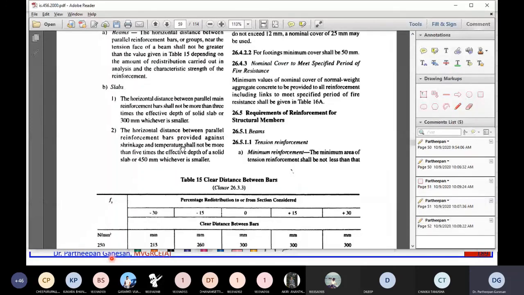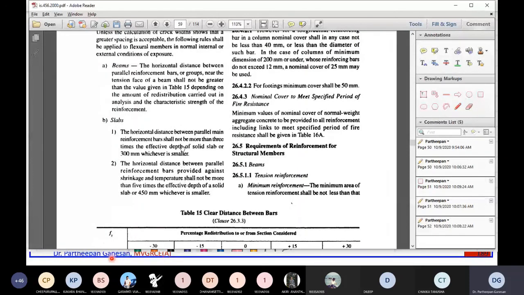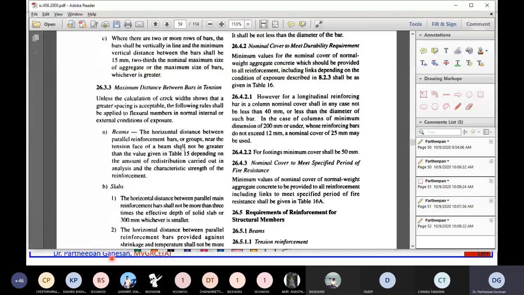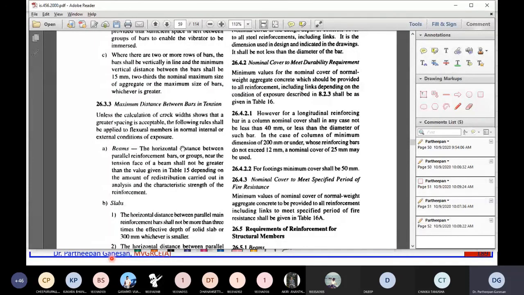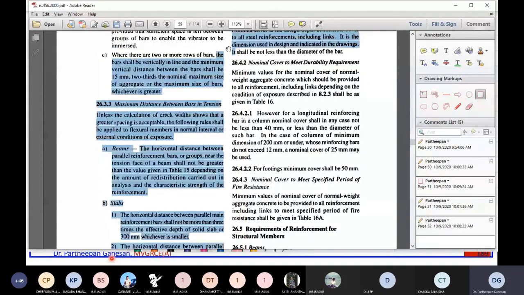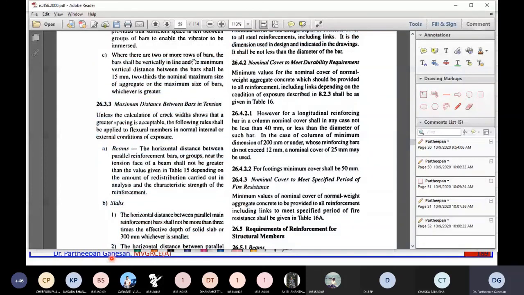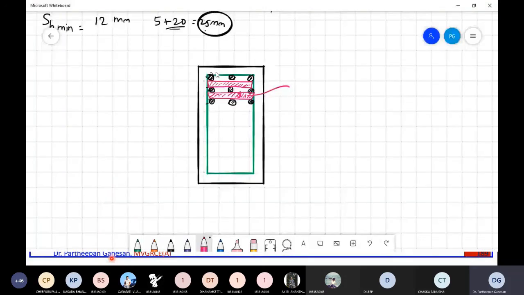Here, horizontal distance. Where there are two or more rows of bars, the bars shall be vertically in line. Bars shall be vertically in line means they should all be in a vertical line.